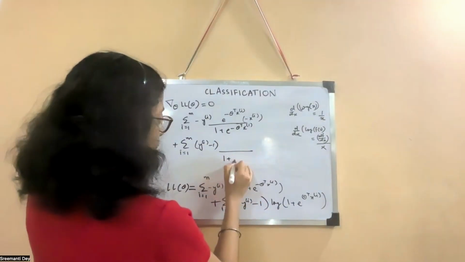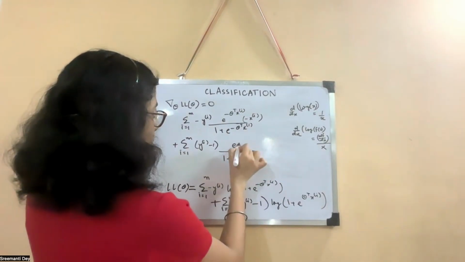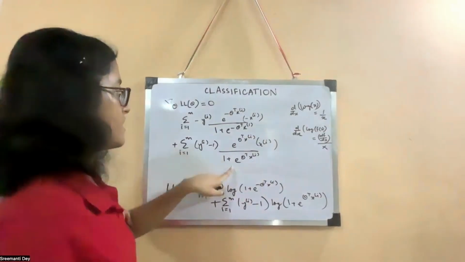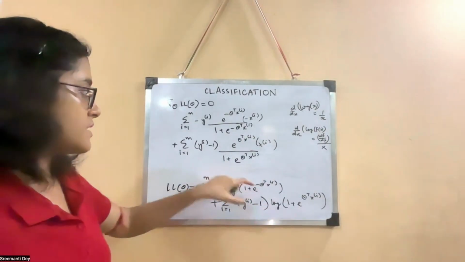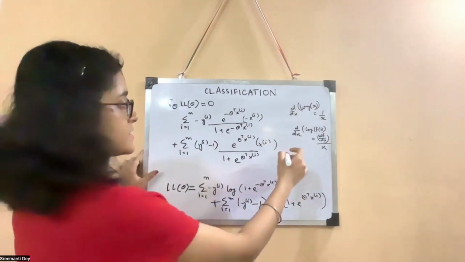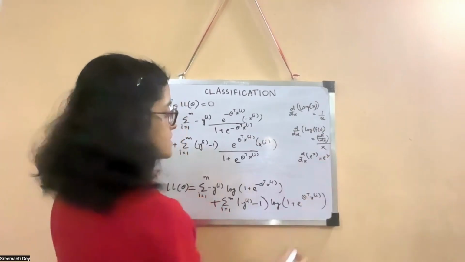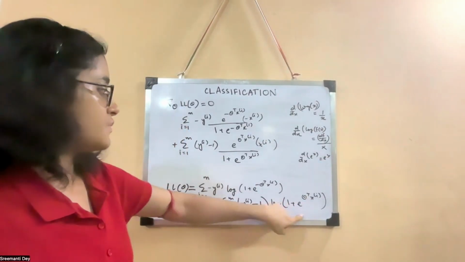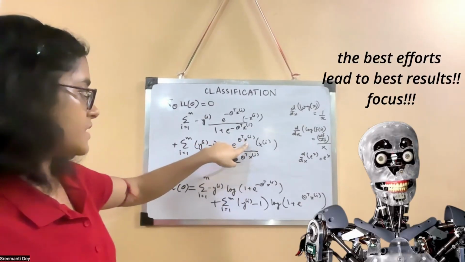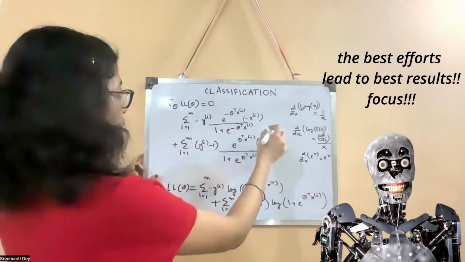Below it will go e to the power theta transpose xi, and here it will be theta transpose xi multiplied with xi. Then we're differentiating this one. d/dx of e to the power x is e to the power x, which we use here. Then differentiating the exponent with respect to theta would be xi. Great. So we now have both of these out of the way.